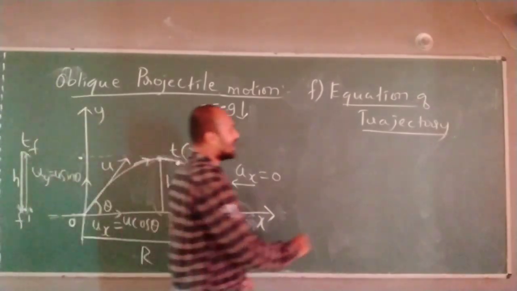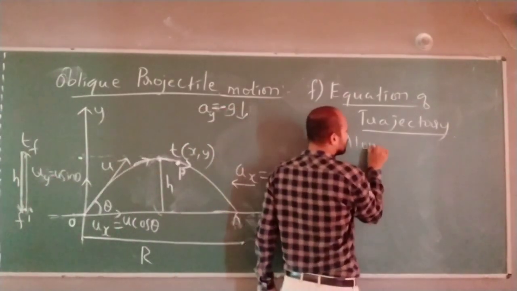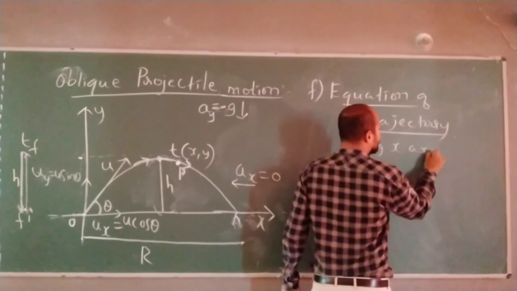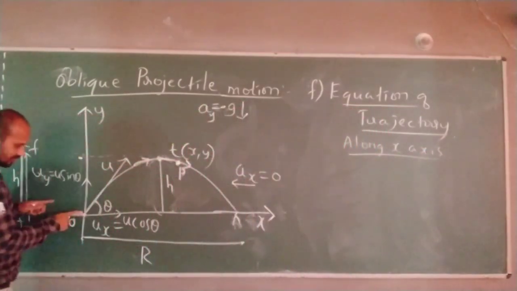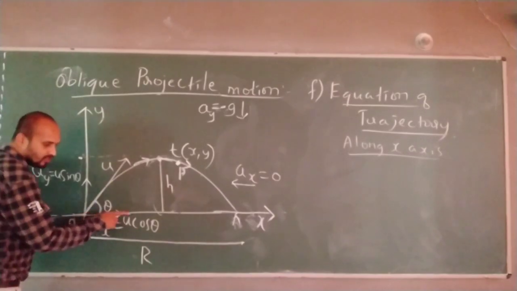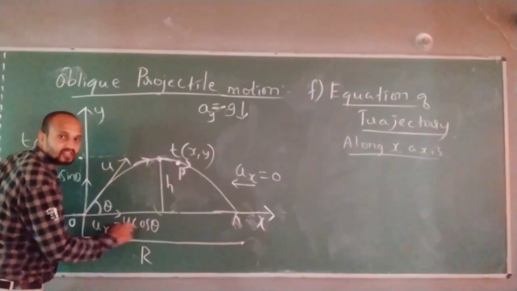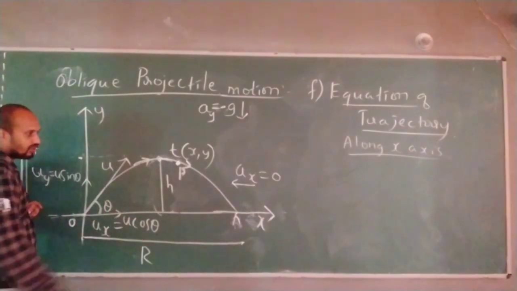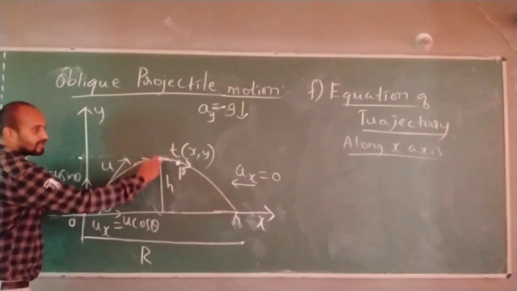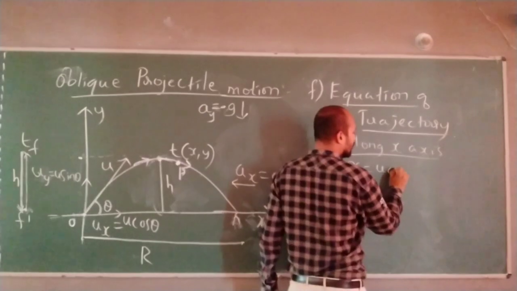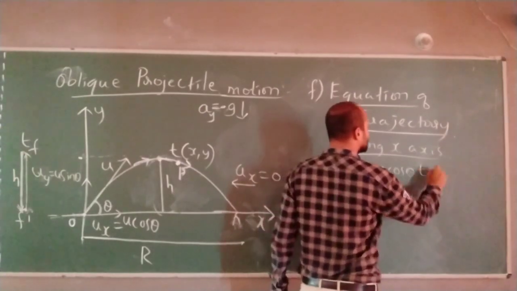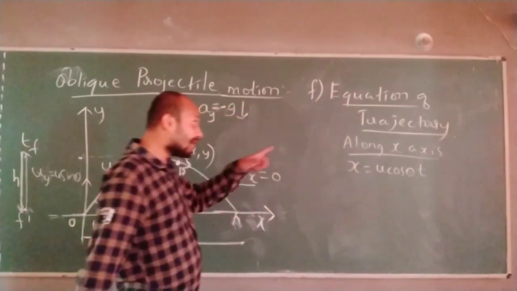If I analyze along the x-axis, the body will move with constant velocity u cos theta. So the x distance is equal to u cos theta into t.